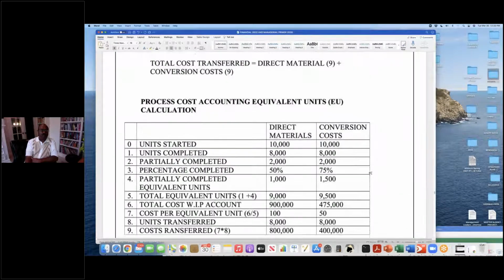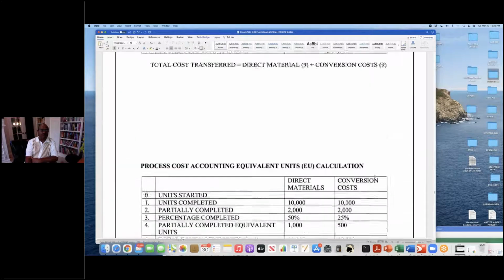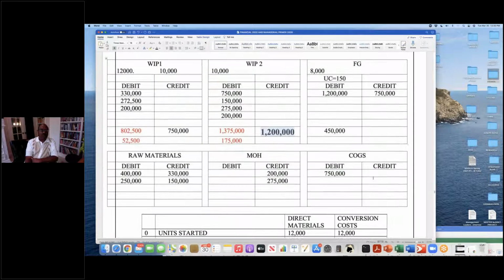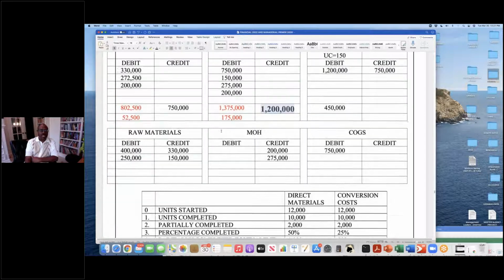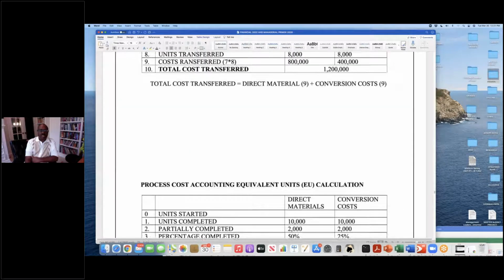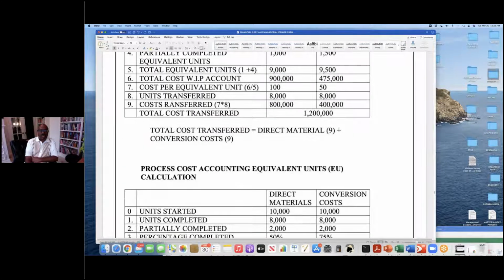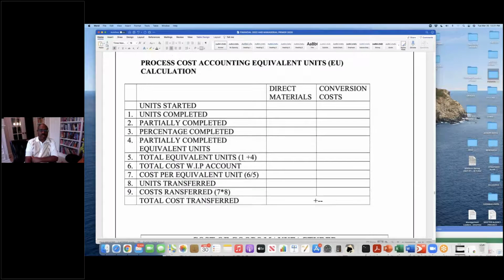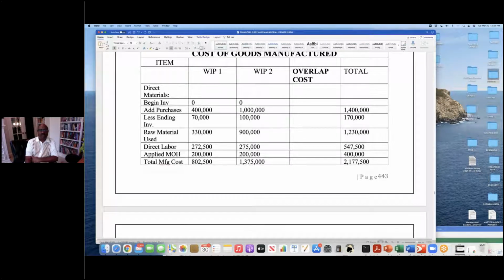Now, it's important as we look at this T account that when we bring these costs over, we can't count them 2 times, can't count them over here and over here. Okay, so we got some overlapping costs. So let's see if that will help us. Suppose we take the 750 out because we had it over here.